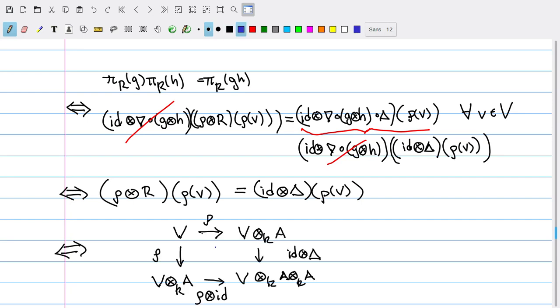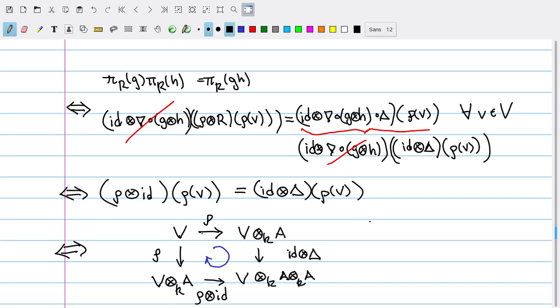In other words, we require that the following diagram commutes. And here I have a typo in the above. This R was just supposed to be the identity map. But this is exactly the co-associativity condition for the comodule action.